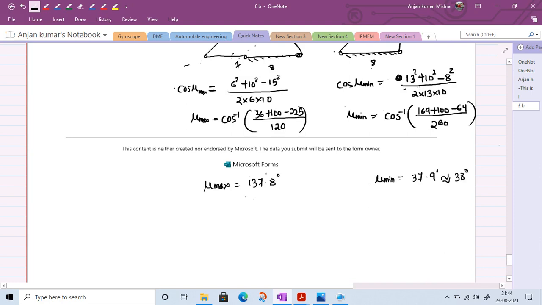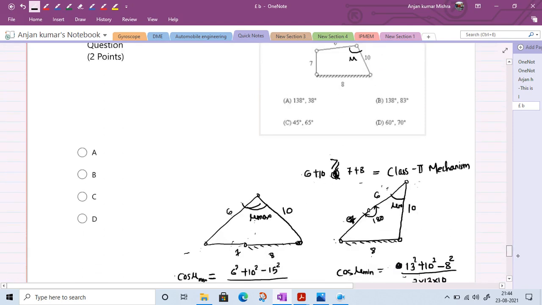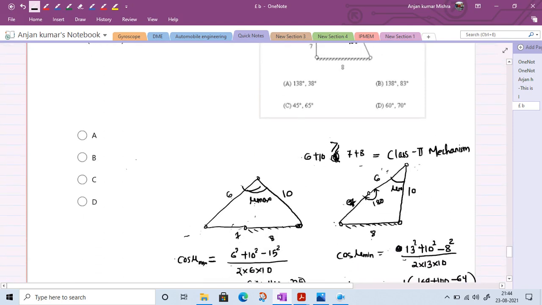This is 138 degree. So let us see which option is correct. So option A is correct here, that is 138 and 38. So this finishes our session.